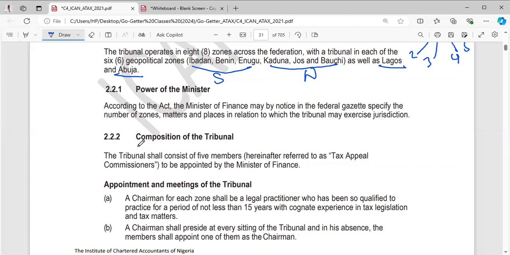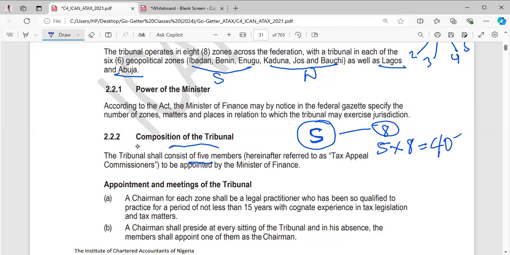How many people make up the tax appeal tribunal? It consists of 5 members. So we have 5 members in a zone, and we have 8 zones. So 5 members in a zone times 8 zones becomes 40 tax appeal commissioners.